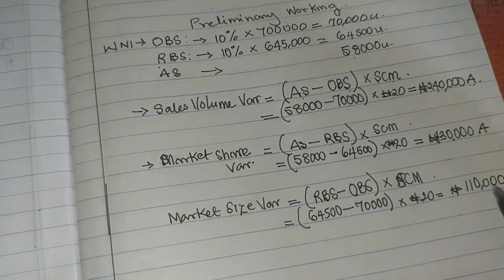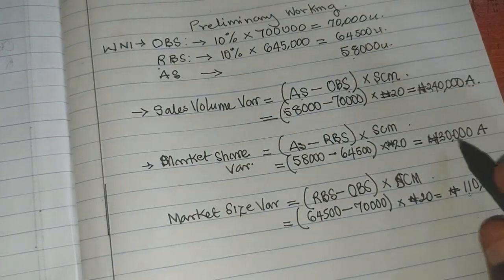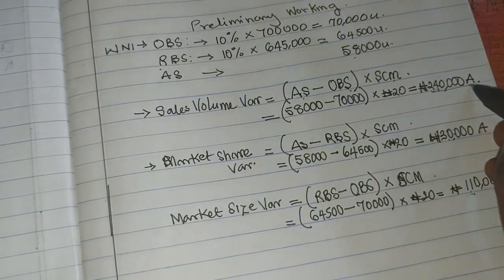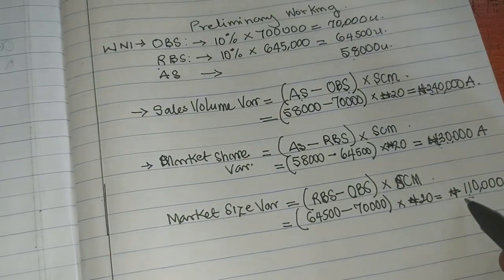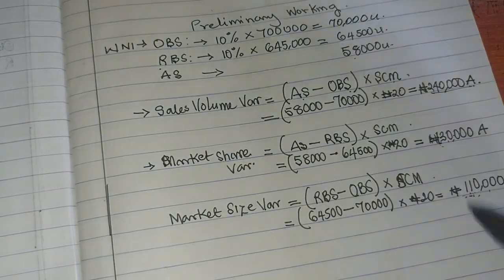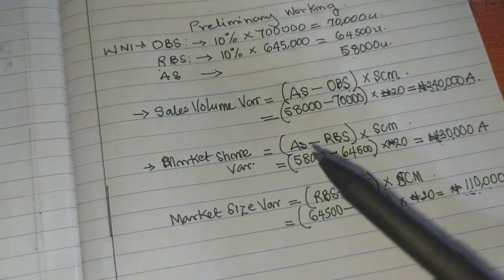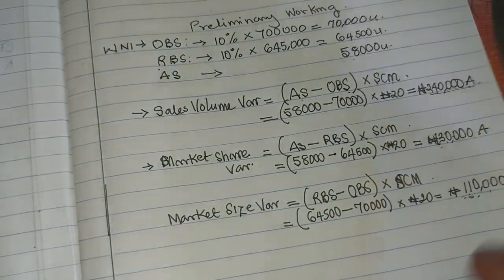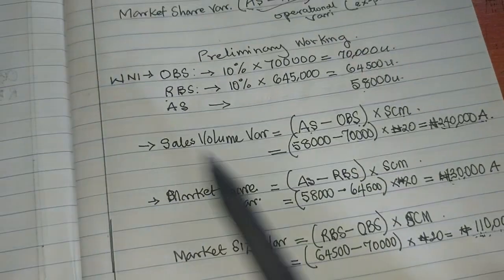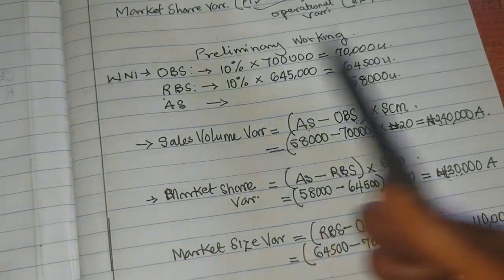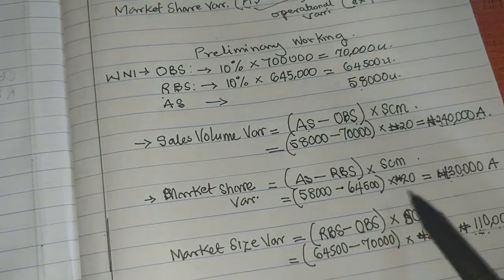If you watch very well, when you add these two, 130,000 plus 110,000 adverse, it must give you 240,000. With this question, I believe you understood fully the concept of market share and market size variances.